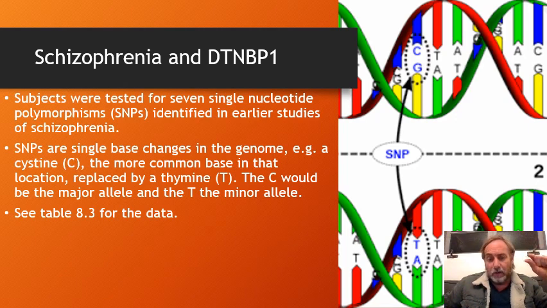Usually there's a C in that spot, but it's sometimes replaced by a T. Those are the sorts of changes, mutations, that we're looking for. In that situation, we call the C the major allele, the more common one, and the T the minor allele.